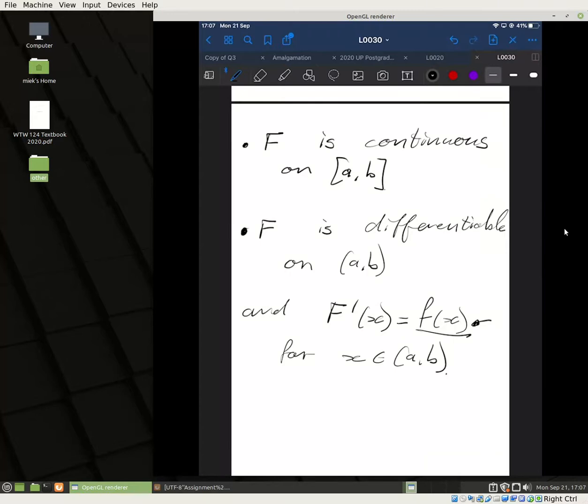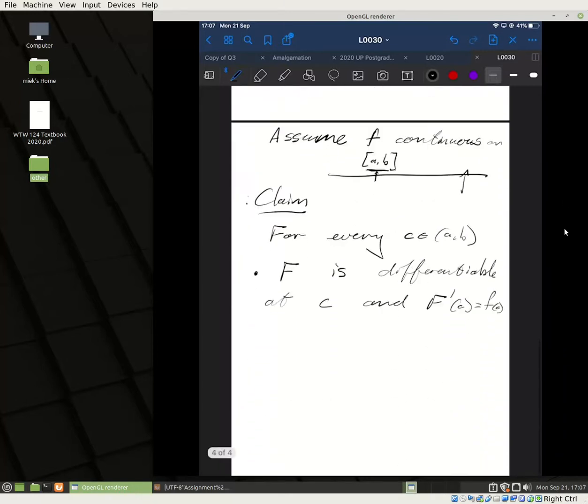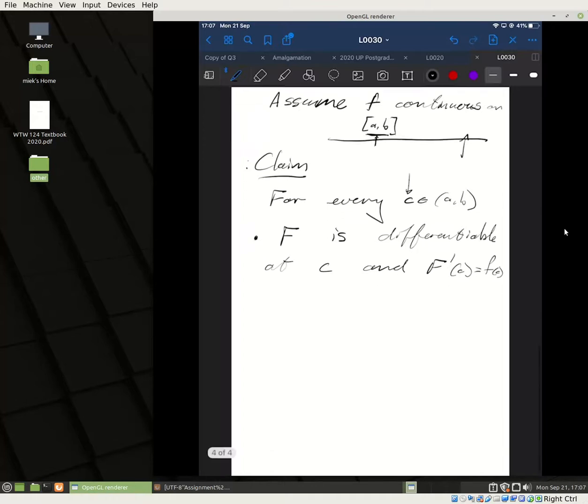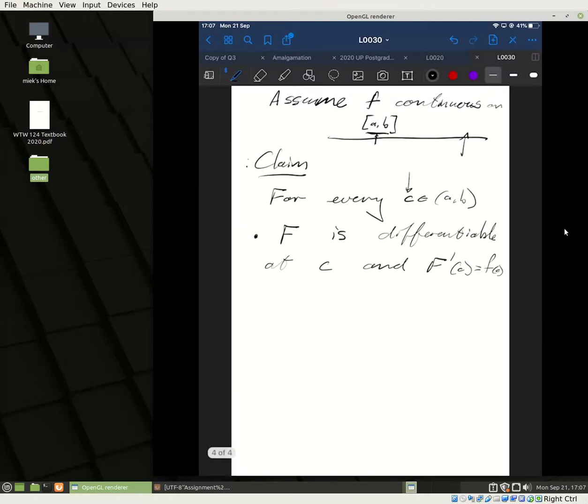So that big F is differentiable, and show that its derivative is equal to little f. So what do we need to show? We need to show for any point c that capital F is differentiable at little c, and the derivative at c of big F is equal to little f at c. So that is what we need to prove. But this word differentiable means something very specific.